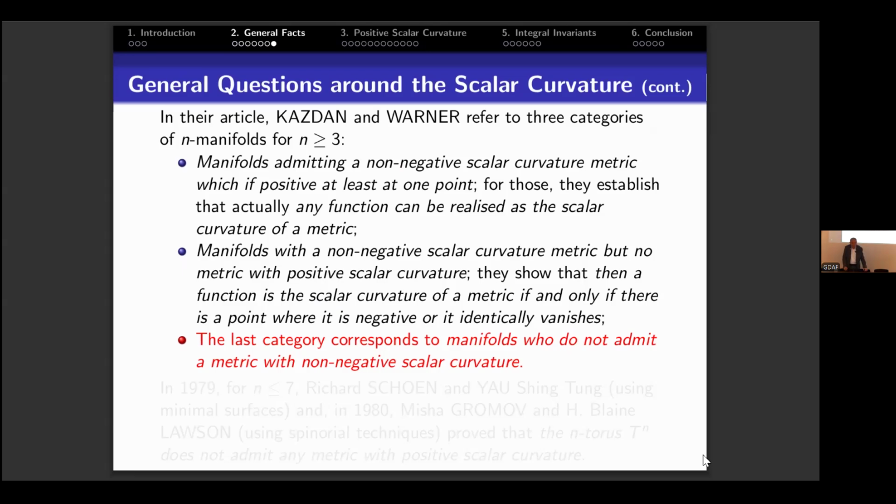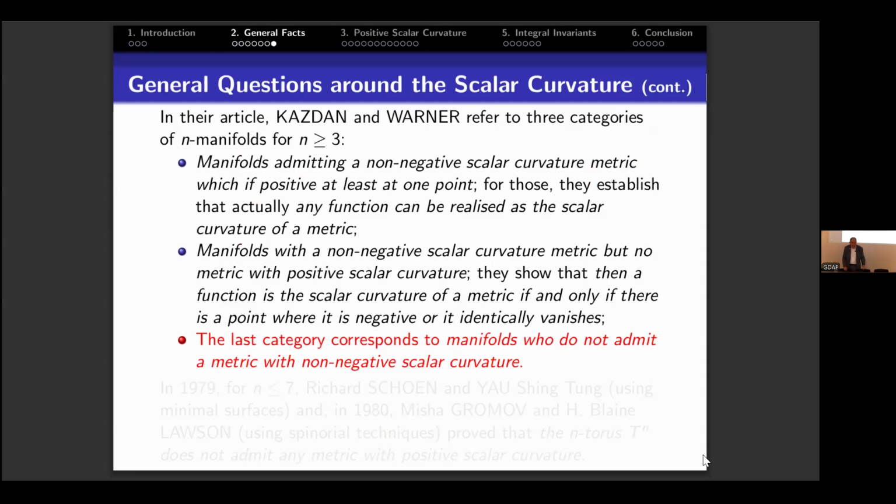So the first category means that for those manifolds admitting a non-negative scalar curvature metric, which is positive at least at 1 point, they establish that actually any function can be realized as the scalar curvature of a metric. So that's the point I was just making for this category, but it doesn't cover all manifolds.